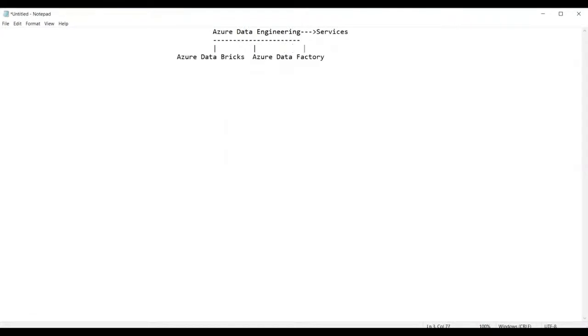Apart from this, we have the next service called Azure Synapse. Many services are there, but I'm listing a few of them. We also have Azure Artificial Intelligence, AI, or ML, that is machine learning. These are all the services packed into Azure Data Engineering.